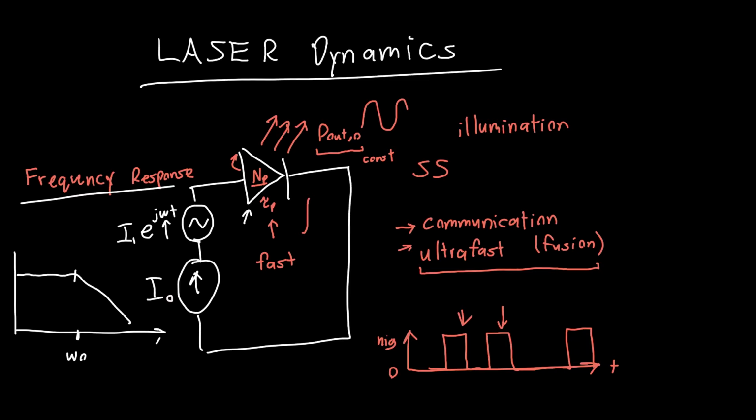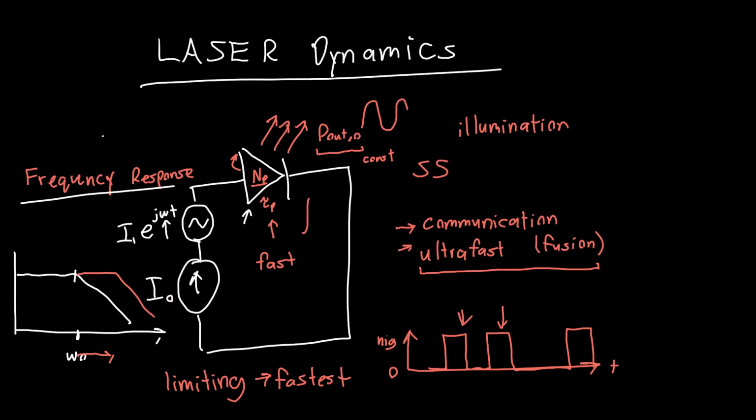But we'd like to figure out exactly what it is limiting our lasers so that we can figure out how to engineer them to get the fastest possible frequency response, or push this corner frequency out as much as possible. So maybe if we're clever, we can make this laser operate really, really fast.